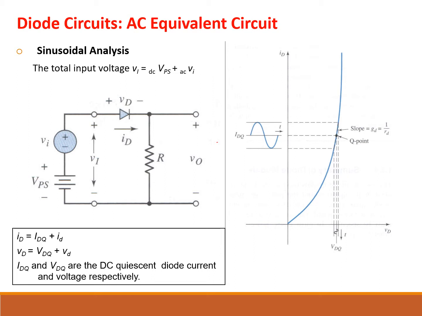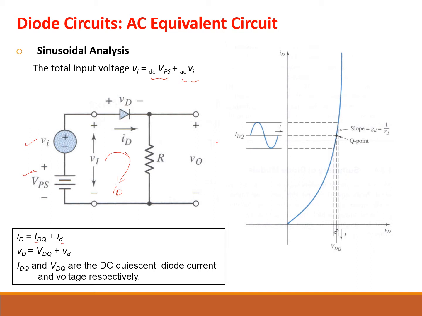Let's consider a circuit that has two input sources. First is the AC source and the second is the DC source. Hence the total input voltage coming into the circuit has a DC component and also an AC component, and hence the ID, or the current that flows in this circuit, will have the IDQ DC component and the ID from the AC component.